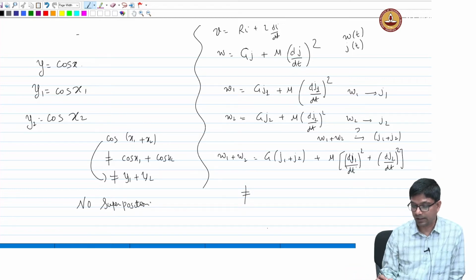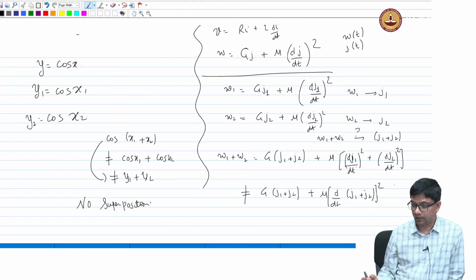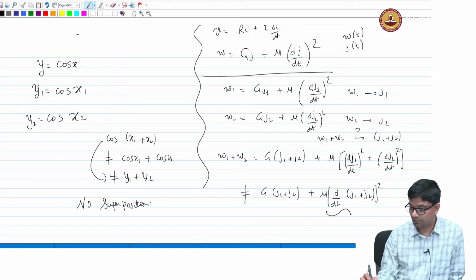If it is doing that, then they should be related by G (J1 plus J2) plus M (d over dt of J1 plus J2) the square of it. This term is not equal to this, and therefore there is no superposition here as well.